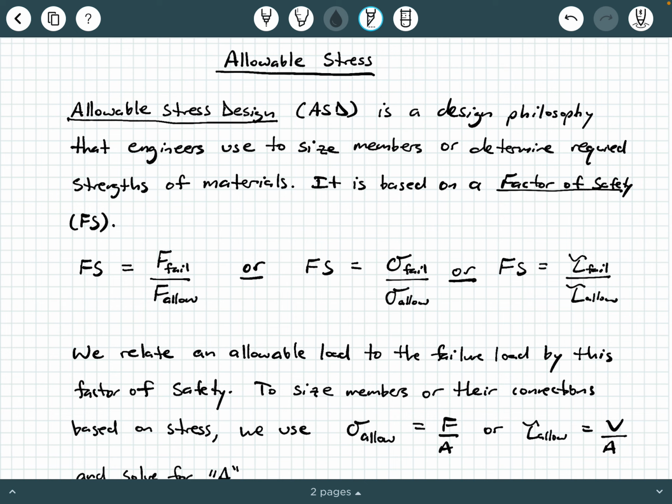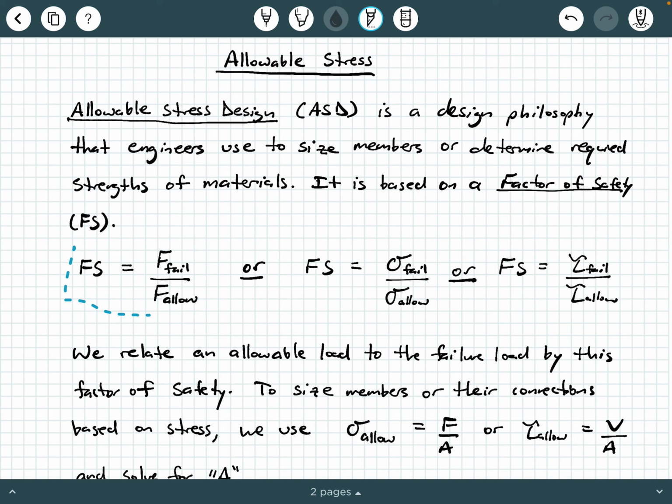And it's based on what we call a factor of safety, which we sometimes abbreviate FS. So what we do is we relate a factor of safety to a failure situation and an allowable situation, okay?